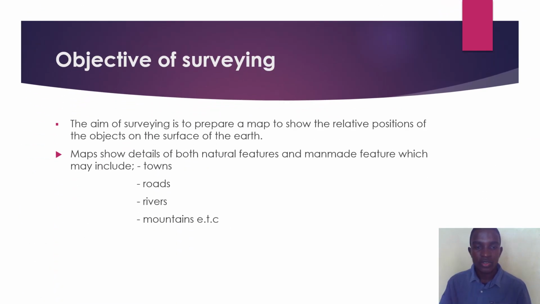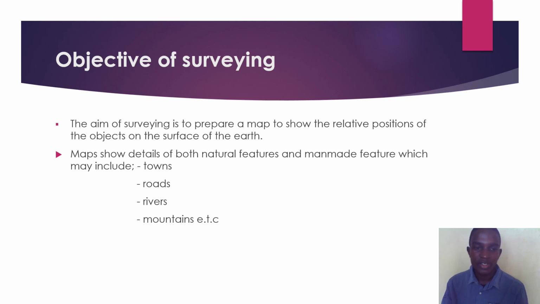In order to do any type of surveying, we must have the objectives of our surveying. In general, survey has the main objective of preparing a map. As you can see, the aim of surveying is to prepare a map to show the relative positions of the objects on the surface of the earth.